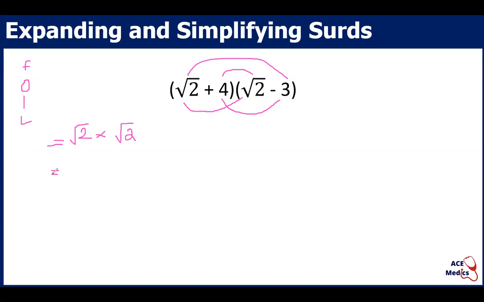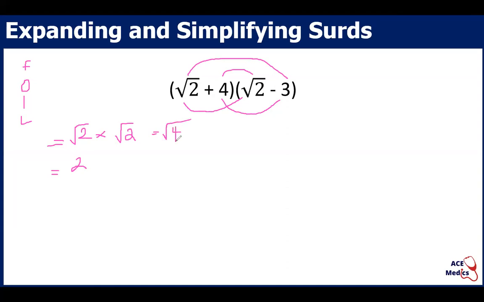Anyone else know what root 2 times root 2 is? Well done, Nazimat. So root 2 times root 2, remember, is just going to be 2. Because root 2 times root 2 is root 4, and we know that the square root of 4 is 2.